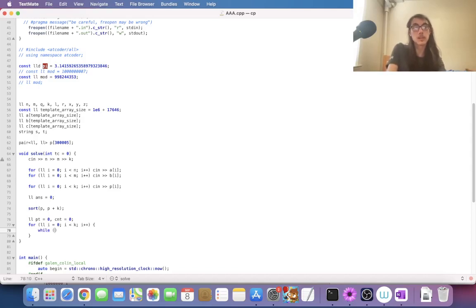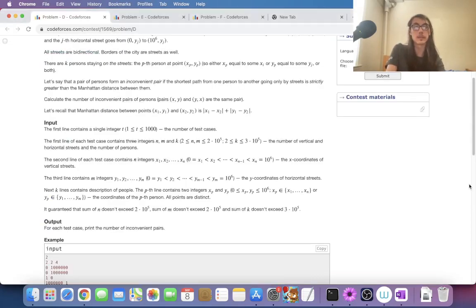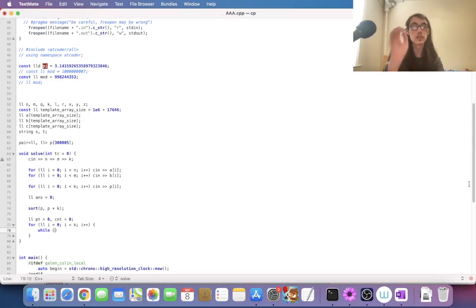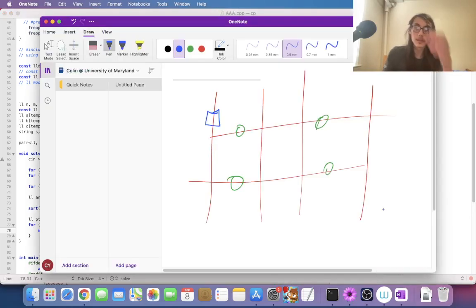So while point, we don't need that. Point is less than n, and p point dot first, the x coordinate is, no, this should be the next one. Well, p point plus 1 dot first, we're considering when this is smaller than this.